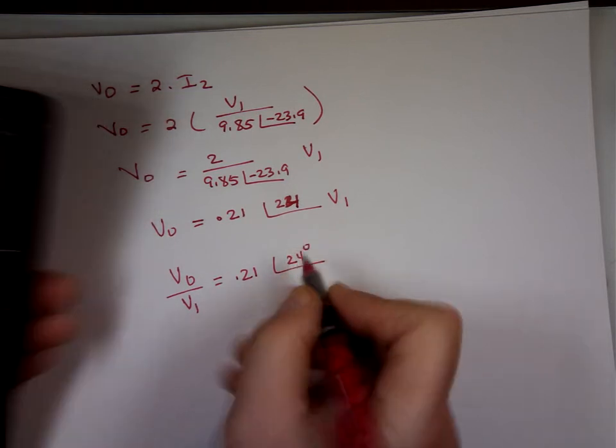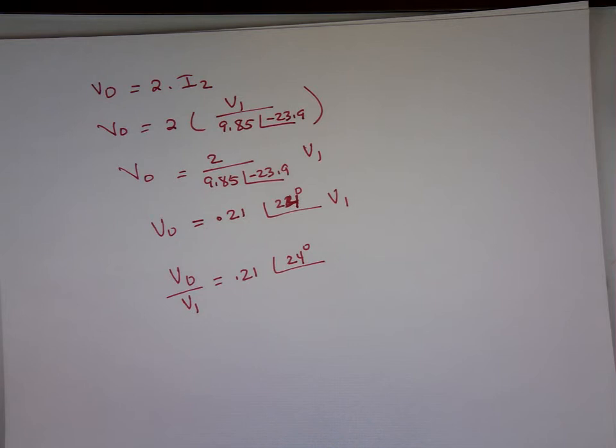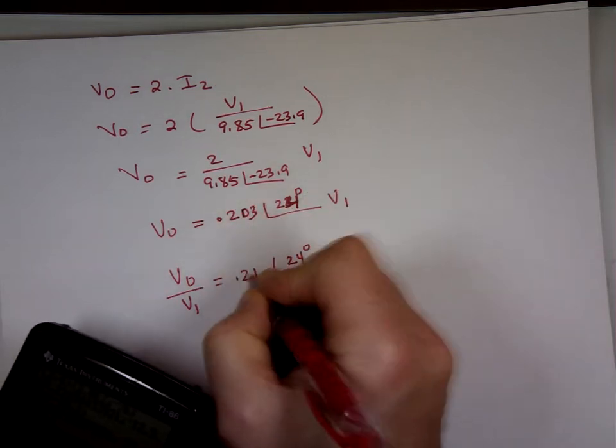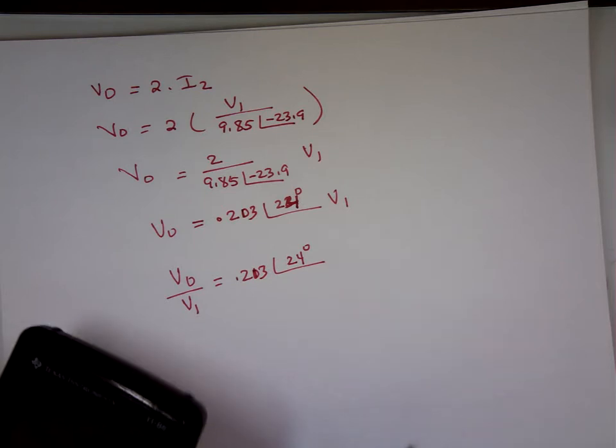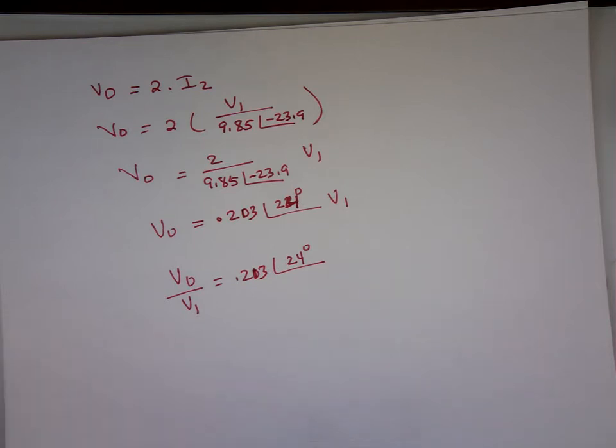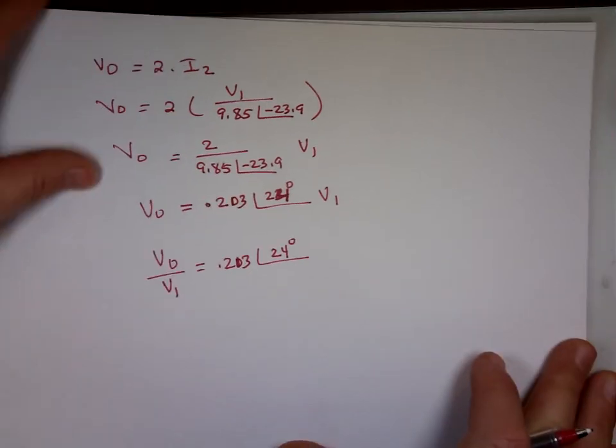Approximately 24 degrees. 0.2, 23.96, yep. It's 0.203, actually, I don't know why I said 103. 0.203 angle 23.99, 24 degrees. So that tells you the voltage is going to shrink, and there's going to be a little shift in the phase there.